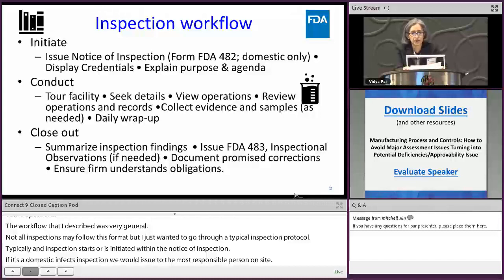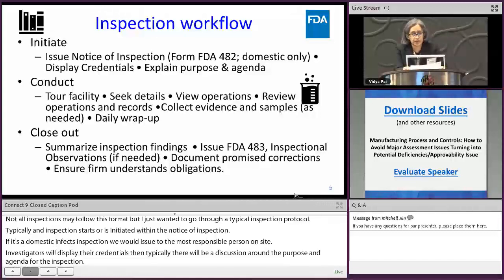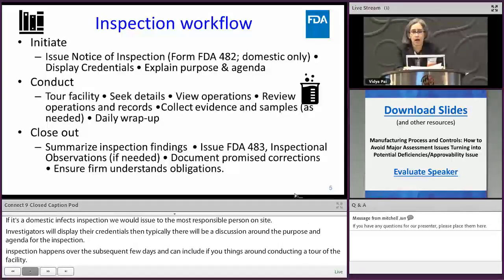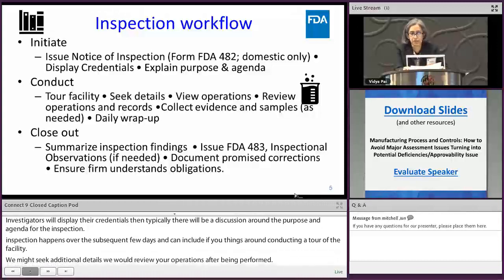The bulk of the inspection happens over the subsequent few days. It could include conducting a tour of the facility. We may seek additional details on specific items. We would review or view your operations as they are being performed. We would review records and logbooks and so forth. As needed, evidence and samples could be collected.